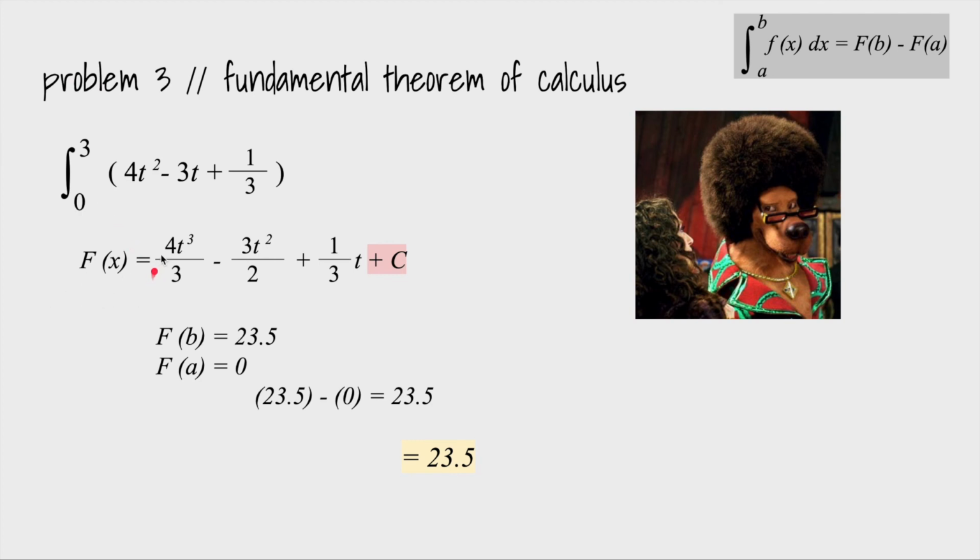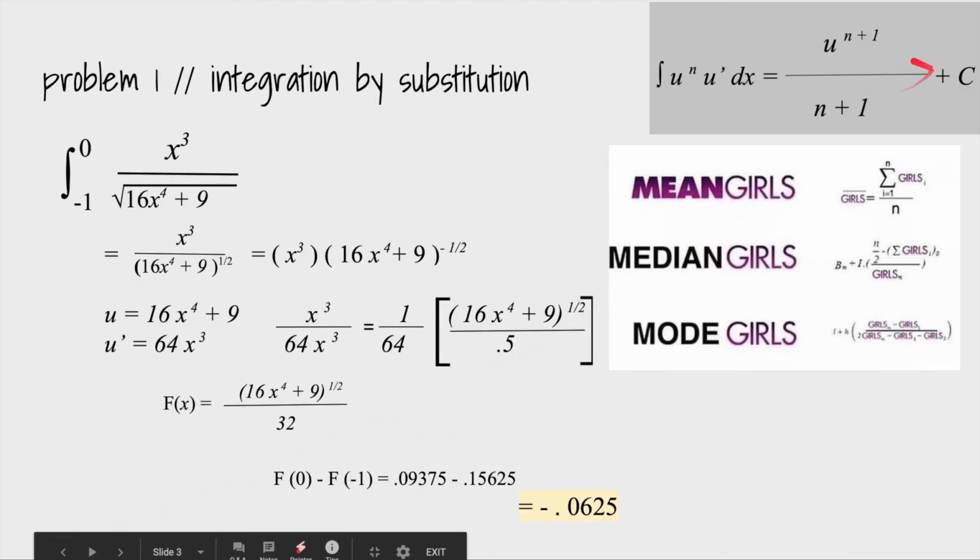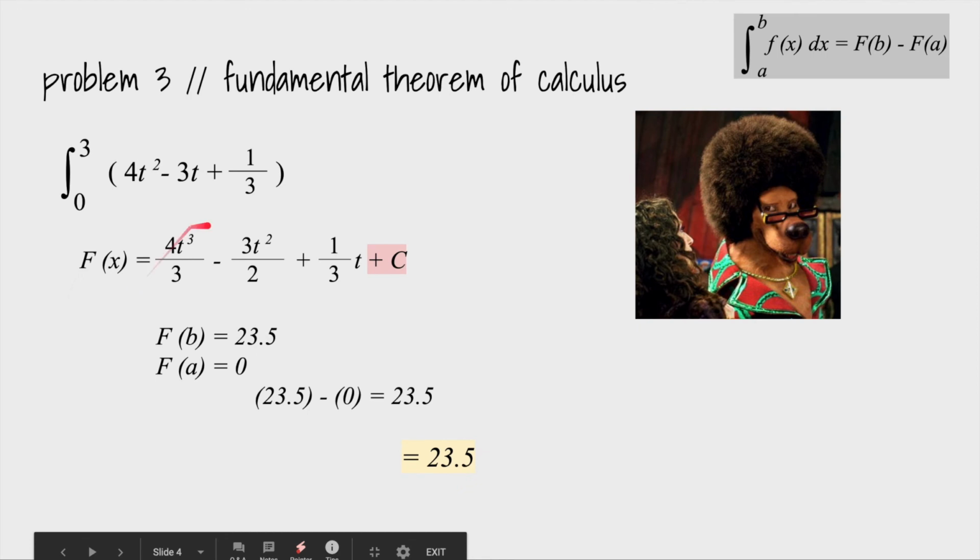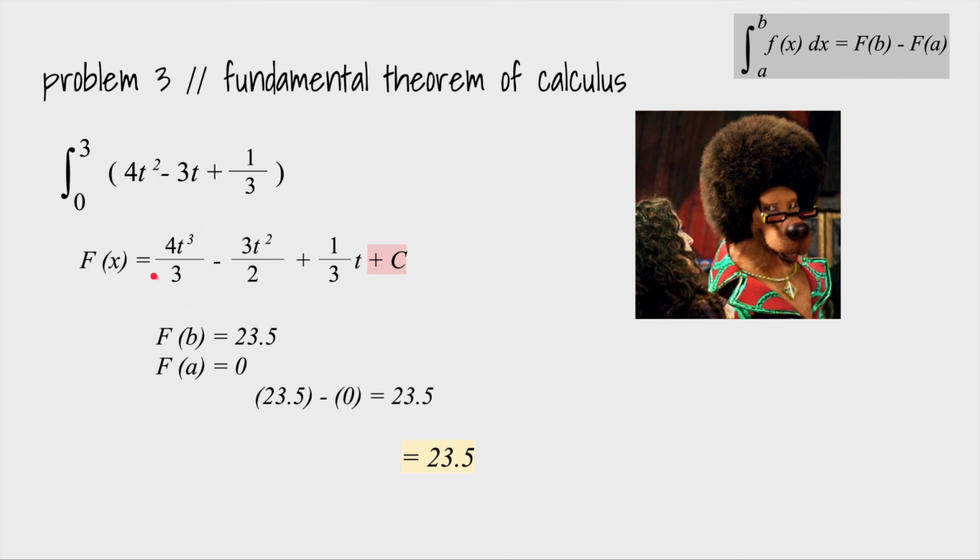This is also the same as right here, just different letters. We get 4t, n plus 1 which is 2, is 3, and then we divide by this, and then minus 3t squared over 2 plus 1 over 3t plus c.